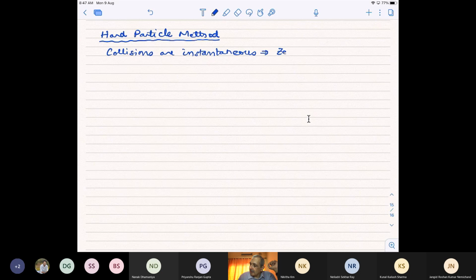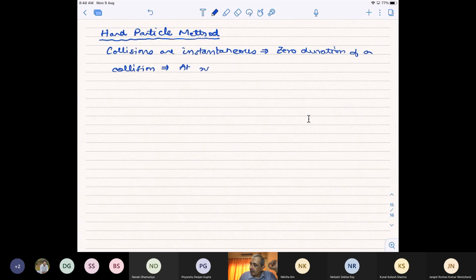So this implies zero duration of a collision, and what this means is that at most, if you look at any time, there will be either no collision or at most one pair of colliding particles at any given time.